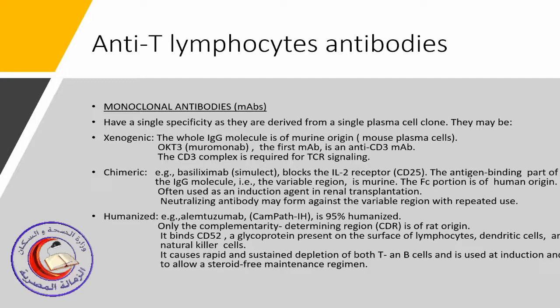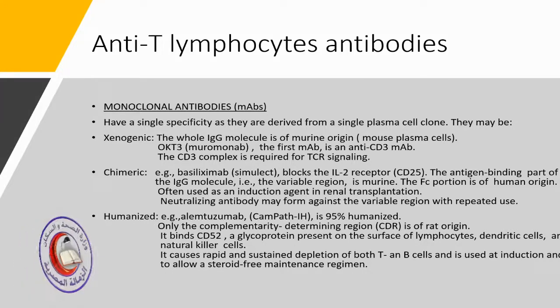This reaction, signaling by the T cell receptor, is necessary. CD3 is necessary for this reaction. So the OKT3 or muromonab, by blocking the anti-CD3 receptor, prevents T cell receptor signaling. The entire IgG molecule is derived from the mouse.